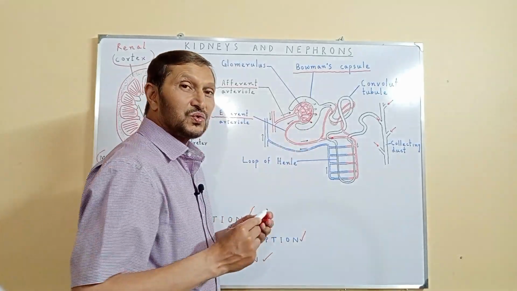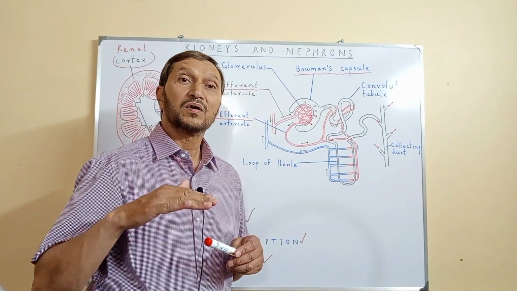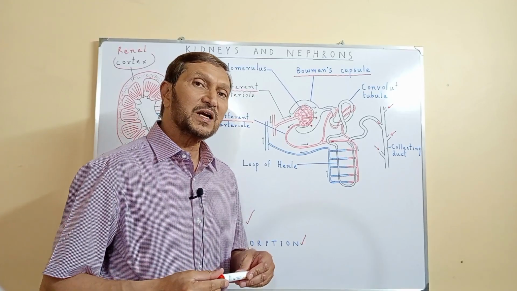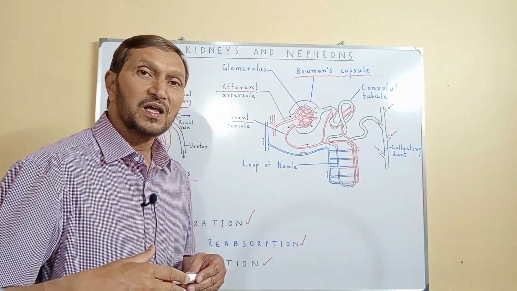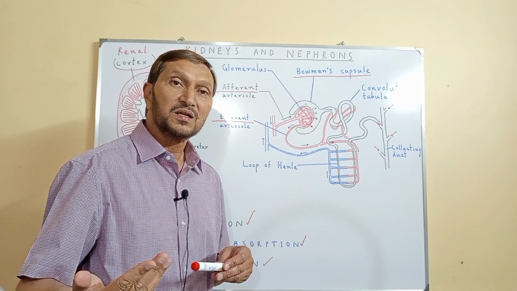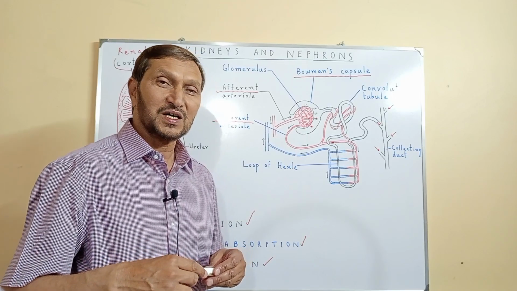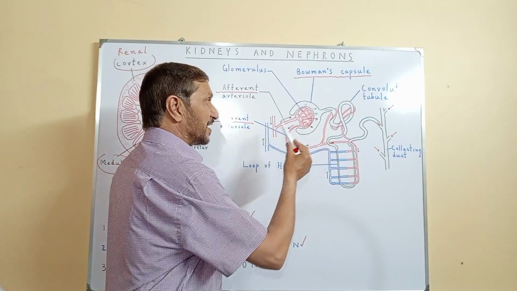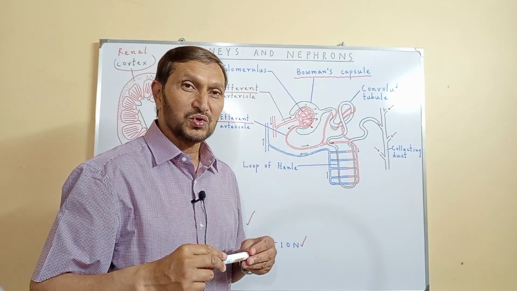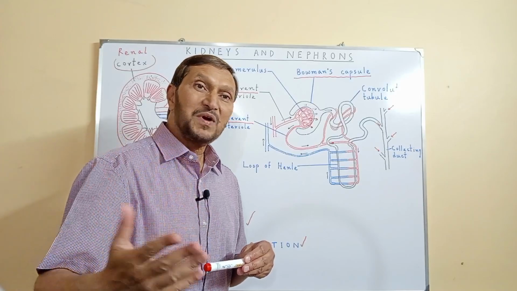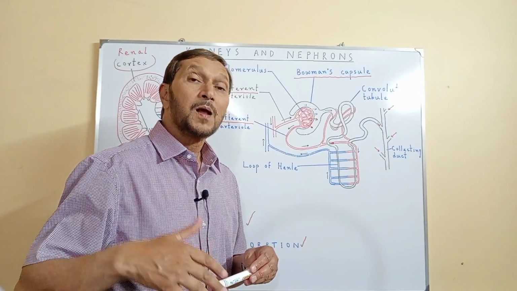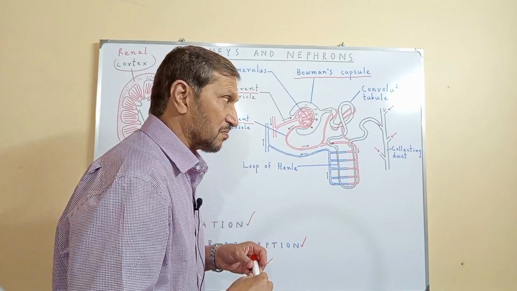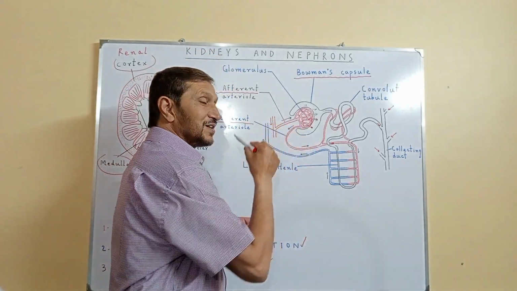The large molecules of blood like proteins, for instance globulin, albumin, fibrinogen, etc., cannot cross the partially permeable membrane of the glomerulus and the Bowman capsule. Similarly, the red blood cells, white blood cells, platelets, etc., will not come out because they are large. So they will stay inside the blood.